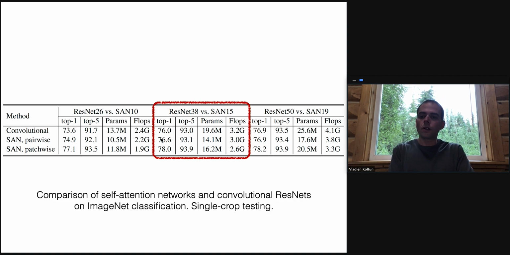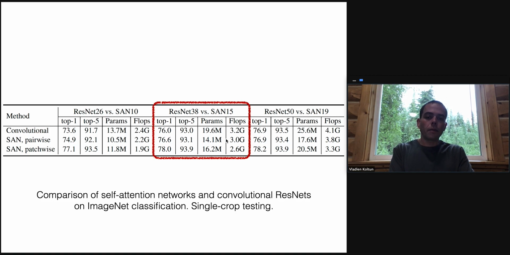We do not give up on the permutation invariance and cardinality invariance here. In this middle row, we use this pairwise form of self-attention that's basically a set operator. And look at this. The self-attention network outperforms the ResNet baseline.